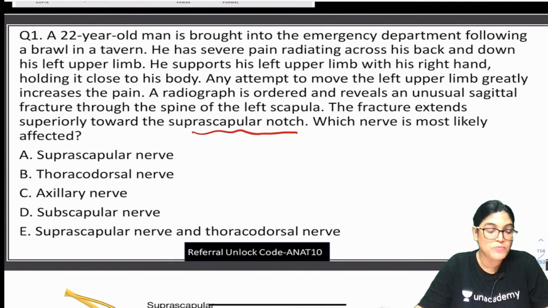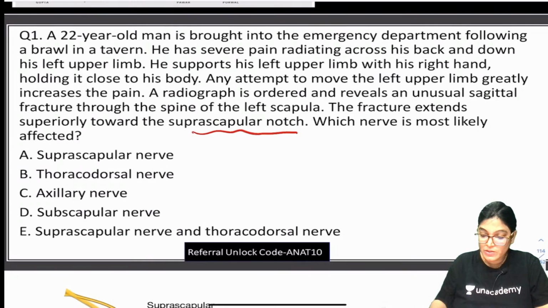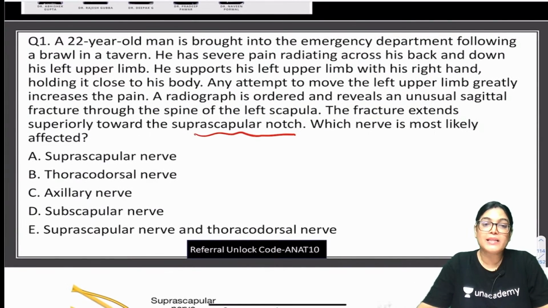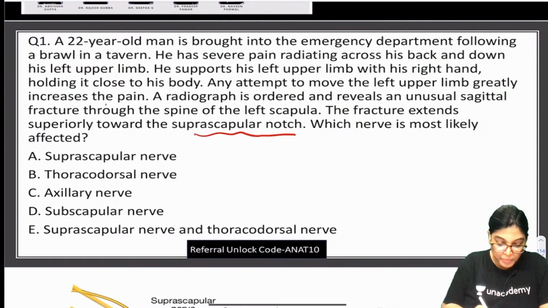There are 5 options: suprascapular, thoracodorsal, axillary nerve, subscapular, and suprascapular with thoracodorsal nerve. Please mark the correct answer. Reddy is telling C. What about others? Please read the MCQ nicely, don't be in a hurry. The hint and the highlighted point is that the patient is having great pain.